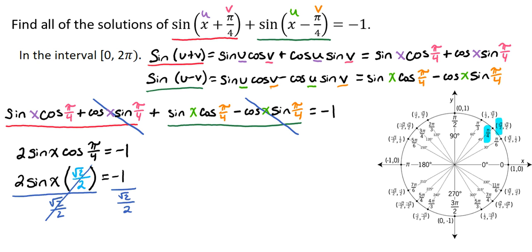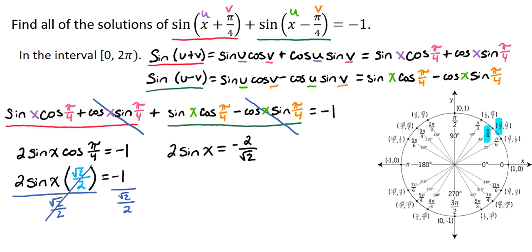And that's going to leave us with 2 times the sine of x equals... nope, we've got to keep change flip. That should actually be a negative 2 over radical 2.